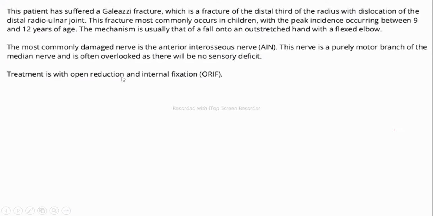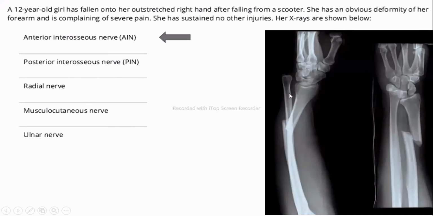Treatment: what is the treatment here? Open reduction and internal fixation, ORIF. So in Galeazzi, the management is ORIF. In Monteggia, it depends on the patient's age. In children, closed reduction according to the age. If young, reduction is an emergency.